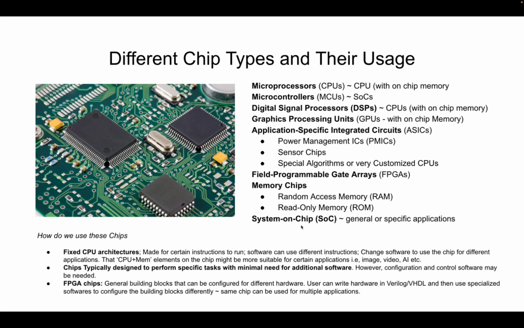How do we use these chips? It is important, in my opinion, as a chip designer to understand how your clients are going to use them. So, take an example of a fixed CPU architecture. When I say a CPU architecture, think of a chip that has a CPU in it.